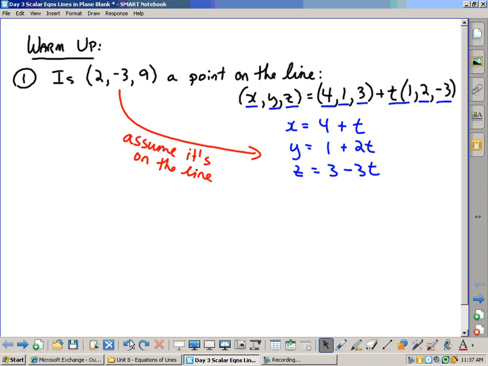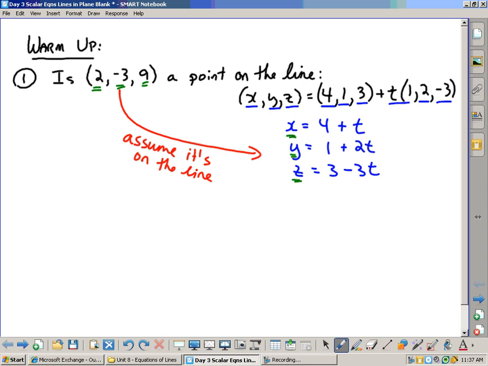There might be some t that will spit out (2, -3, 9). So I want to know if there is, and I'm going to assume that there is. If it is, that means the 2 would be the x, the negative 3 would be your y, and your 9 would be your z.